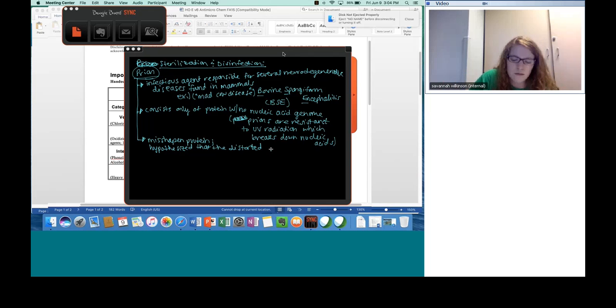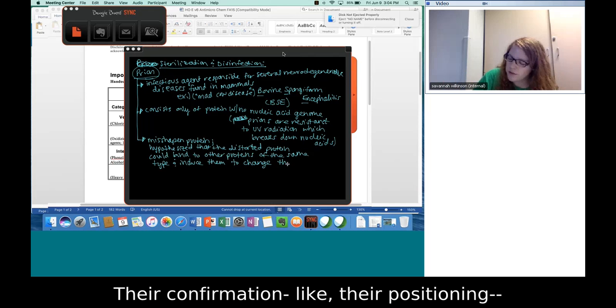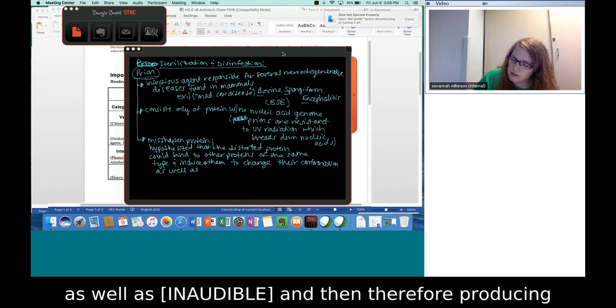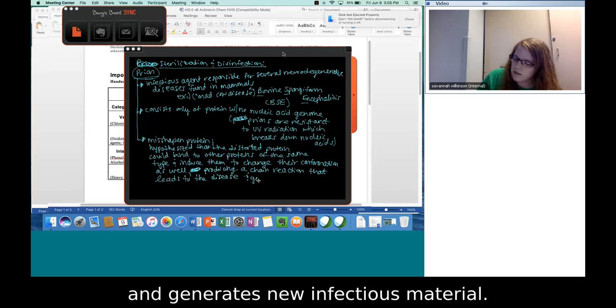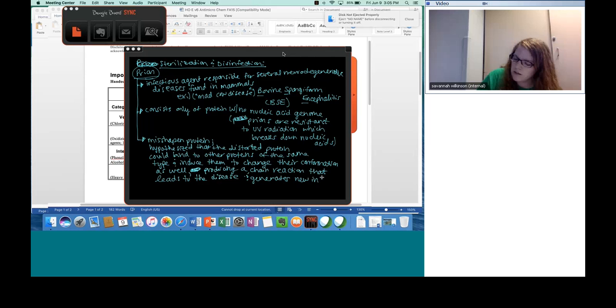So the misfolded protein could bind to other proteins and induce them to change their conformation, like their positioning, as well, and therefore produce a chain reaction that leads to the disease, like mad cow disease, bovine spongiform encephalitis, and generates new infectious material.